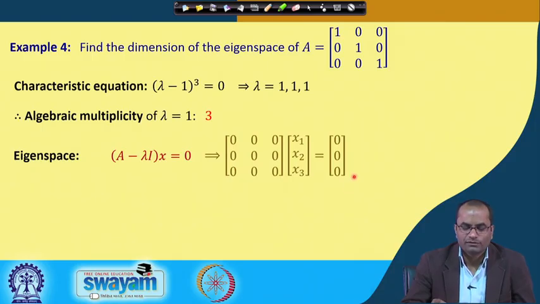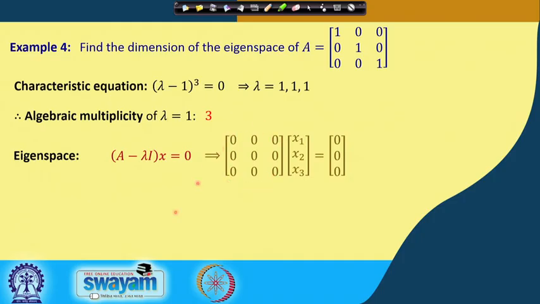That is a very special case which we have just seen, that we got this 0 matrix as A minus lambda I, and then we have the possibility of choosing x1, x2, x3 freely.